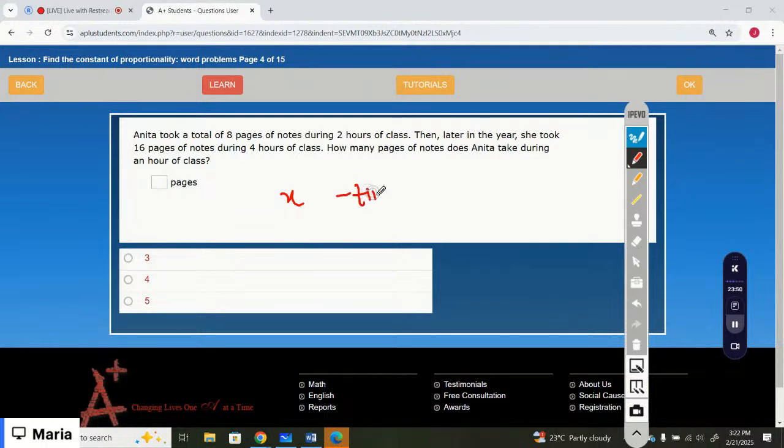X is the time and Y is the number of pages.